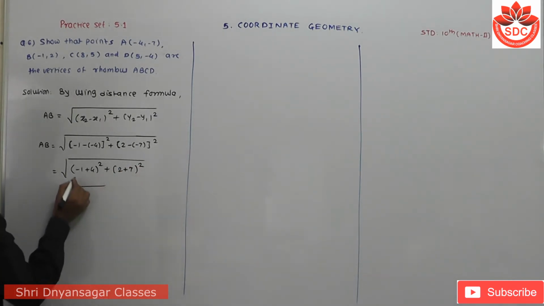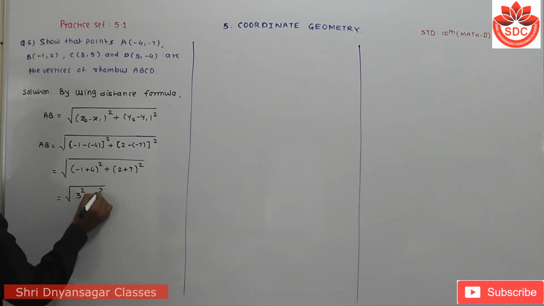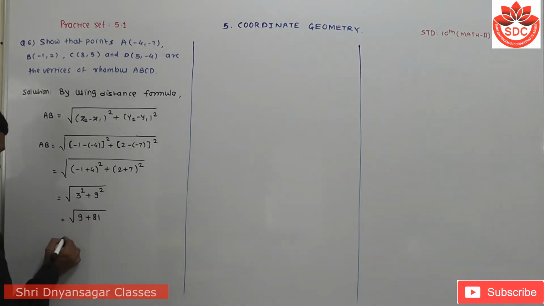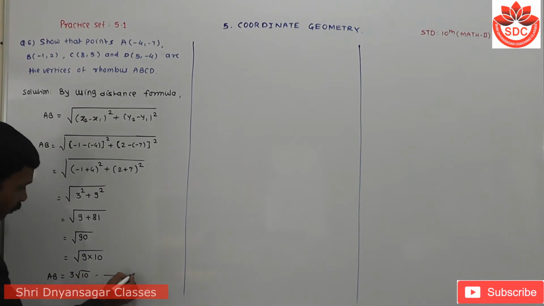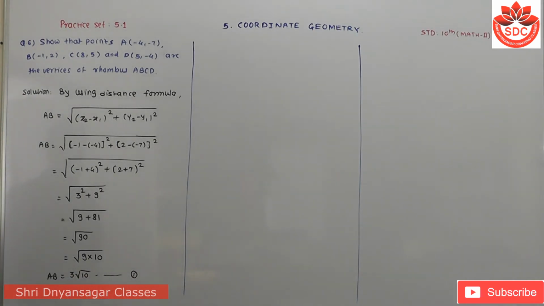Then this becomes 3 square plus 9 square. 3 square is 9, 9 square is how much? 81. It becomes 90. Then I have to factorize it. This becomes 9 into 10. We can find the square root of 9. Then we write AB is equal to 3 root 10. Suppose this is our equation number 1.